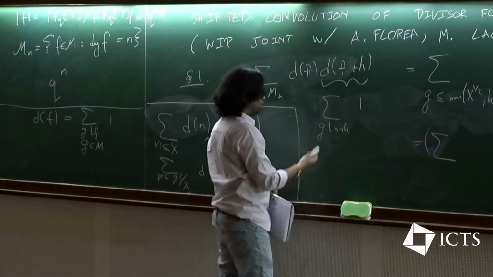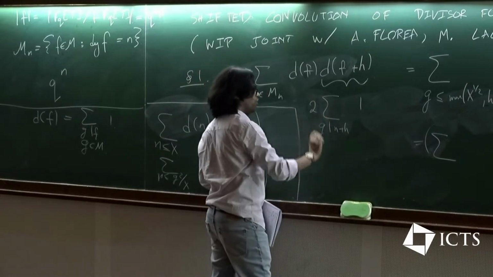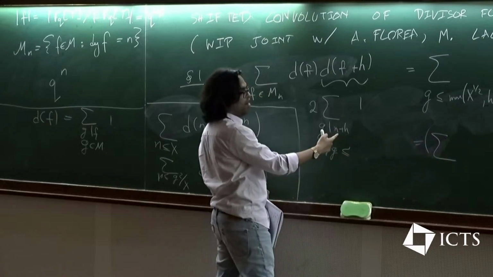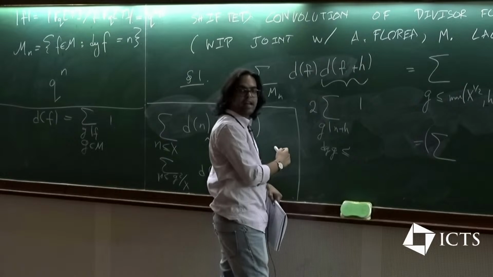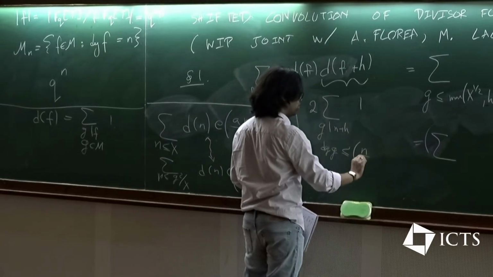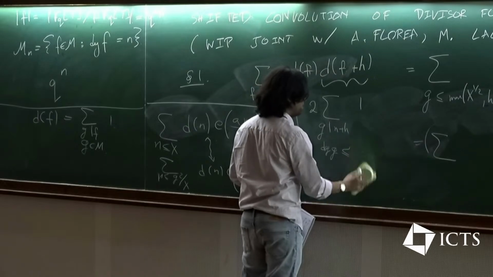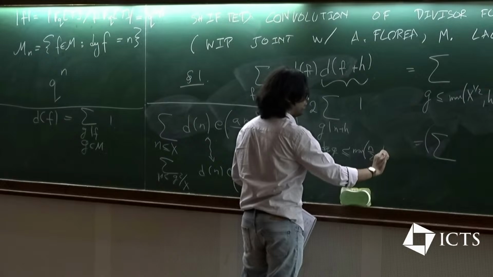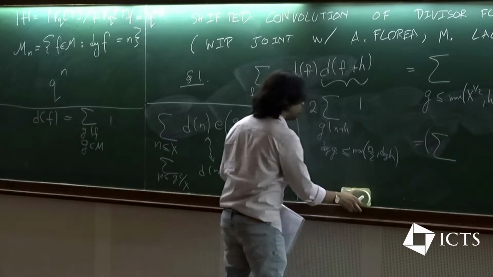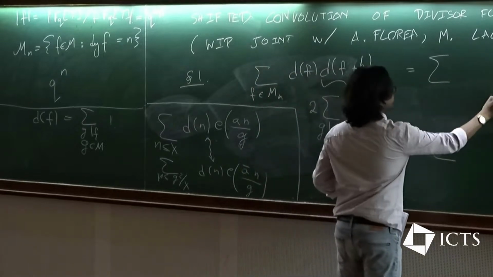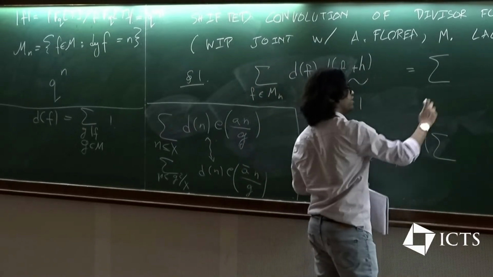So at the cost of adding a 2 over here, you can restrict the degree of g to be less than half the size, the square root of the sizes of n and h, which is half the degree. So it's the maximum of n over 2 and the degree of h. So this sum over g will just be the same sum over g I have over here.